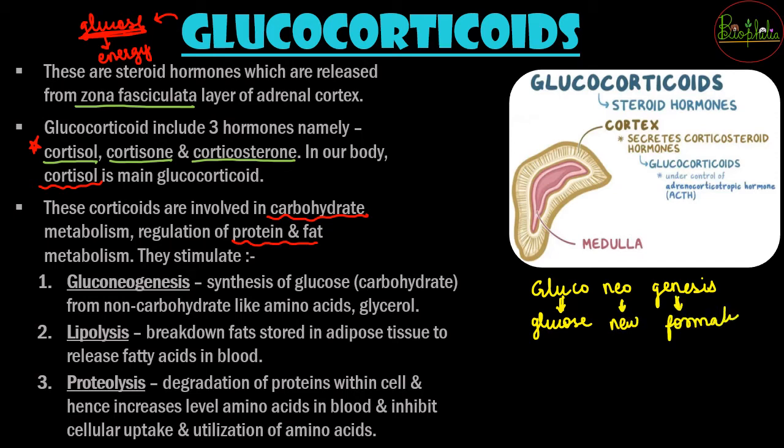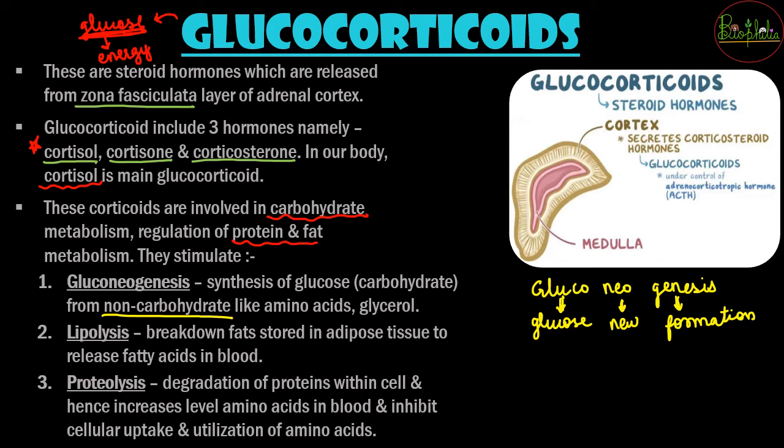So what is the definition of gluconeogenesis? Whenever there is synthesis of glucose from new sources. What are the new sources? New sources are the non-carbohydrate sources, which can include glycerol and amino acids. So whatever synthesis of glucose is done from new sources is called gluconeogenesis. What is the opposite of gluconeogenesis?